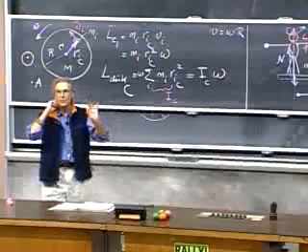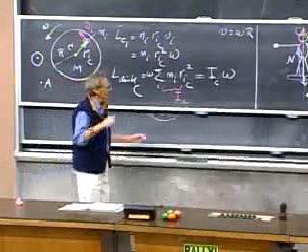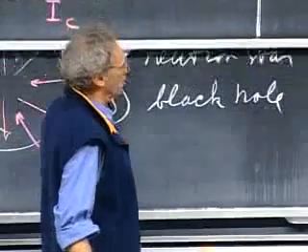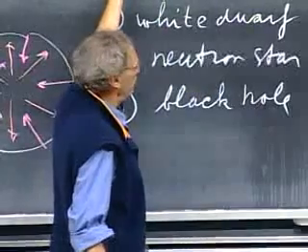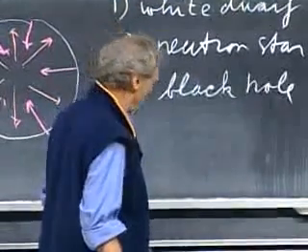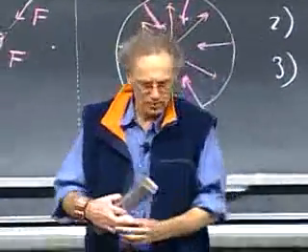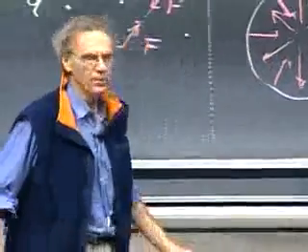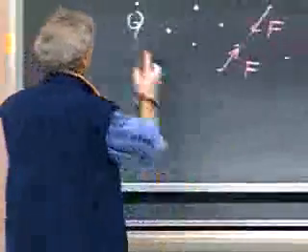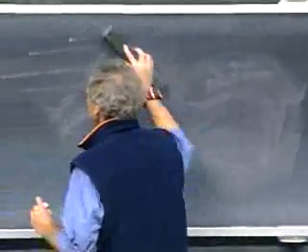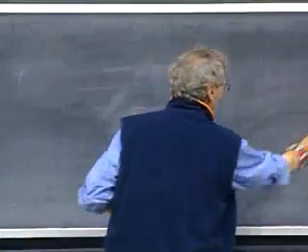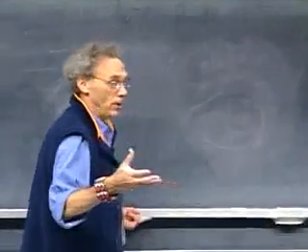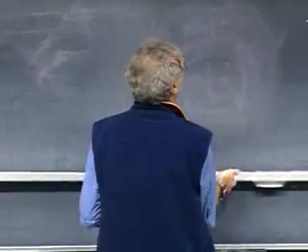I want to do a little bit of quantitative work on this, and I want to take an object like our sun, and I would like to collapse that object from its present radius of about 700,000 kilometers. I want to collapse that to a neutron star with a radius of 10 kilometers, even though I know, and I told you, that the sun will not become a neutron star.